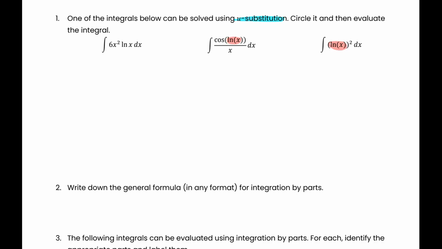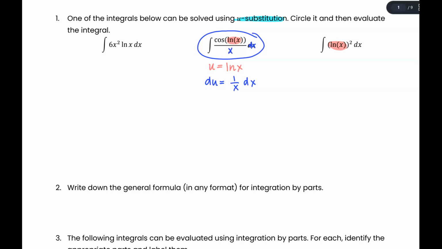This third one, we don't have what we need to do u substitution, which is our du floating about. So if we set our u equal to the ln of x, we know our du is going to be 1 over x dx. And indeed, we have a 1 over x dx in that particular second problem. So this is the one that can be solved using u substitution.